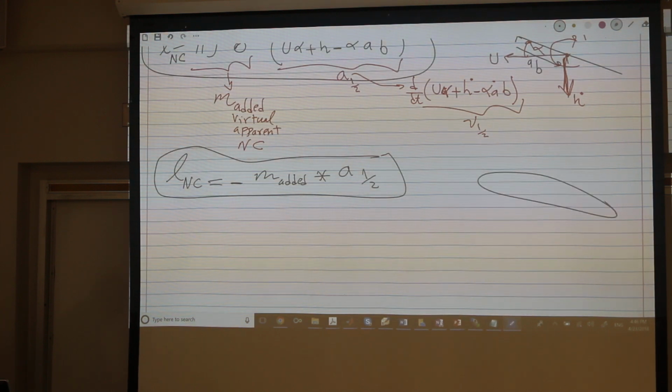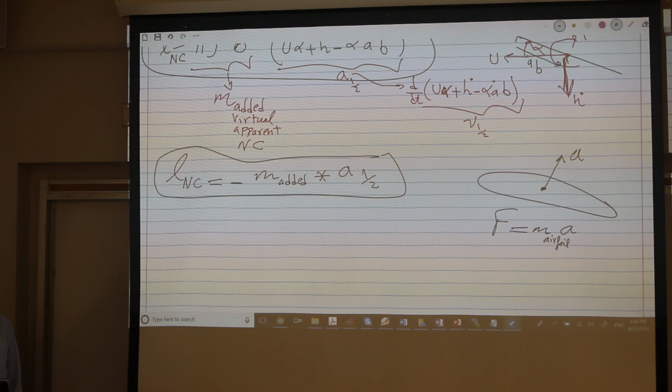If I have an airfoil and I want it to move in this direction with an acceleration A, how much force do you need? The force is mass times acceleration. What's this mass? It's the airfoil mass.